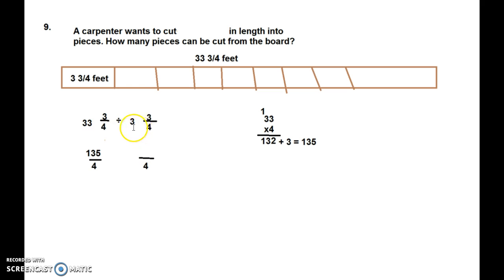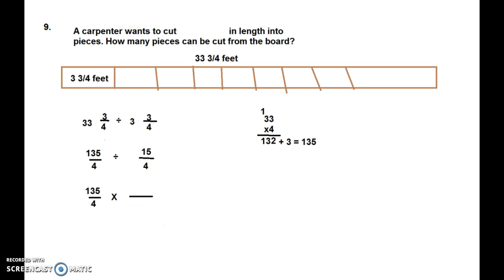All right, and the next one is 3 times 4, which is 12, plus 3, and that's 15. So now we have 135 over 4 divided by 15 over 4. Well, we know what we're going to have to do here is keep the first fraction the same, change our division to multiplication, and flip the second one.